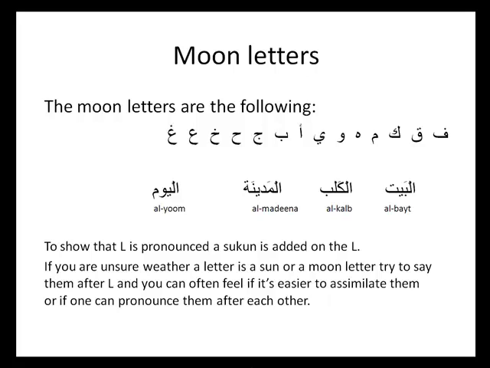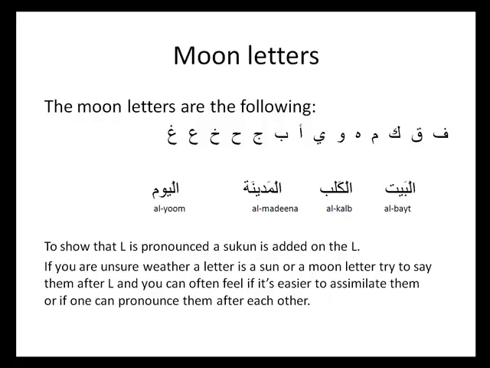Al-medina, al-yawm. Because the position of the tongue where you pronounce L is at exactly the same place or very close to the place where it should be when you pronounce these letters. Al-bayt. Right? Now to show that the L is pronounced, a sukoon is added on the L to show this.